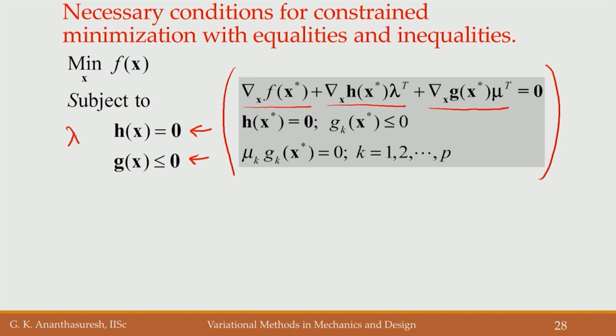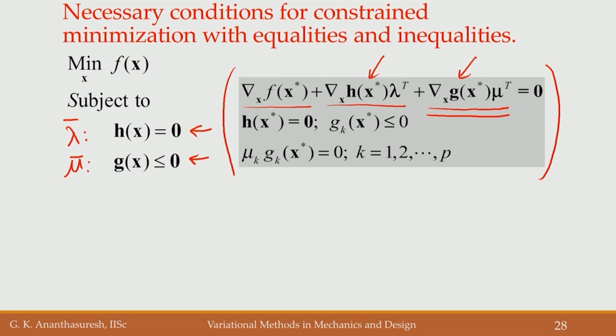Here the corresponding multiplier was lambda. Now we have defined mu for the inequality constraint. The reason is that whenever g is active, meaning a particular inequality constraint is strictly equal to 0, that becomes like an equality constraint. Whatever arguments we put in here will also apply here.